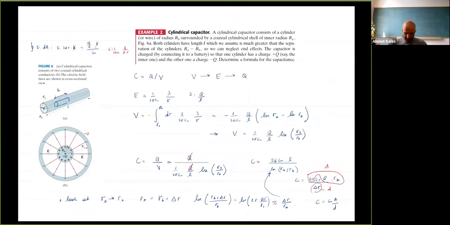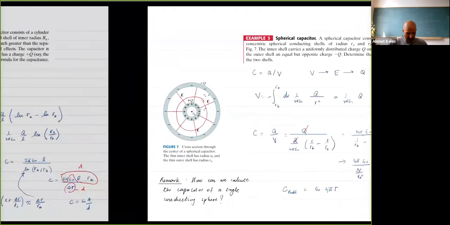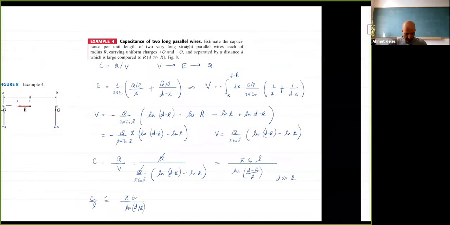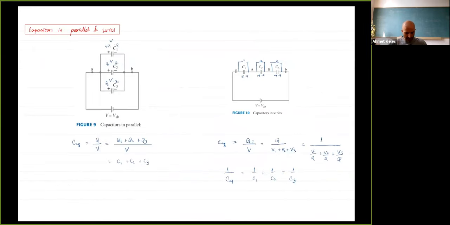Using this formula, we calculated the capacitance of capacitors in different configurations, like for example a cylinder, a shell, two lines, and so on. We said when capacitors are connected in parallel in a circuit, the net capacitance was equal to the sum of individual capacitances.